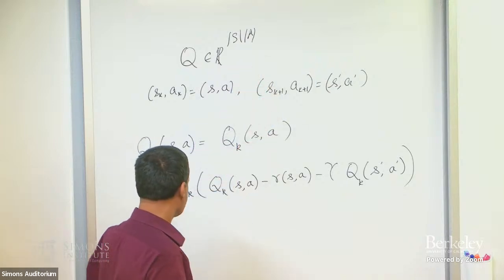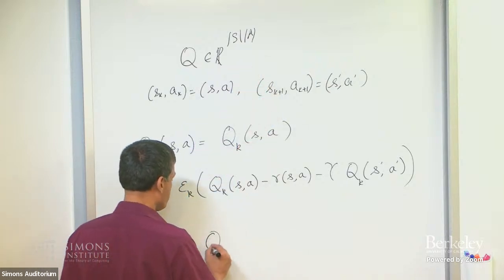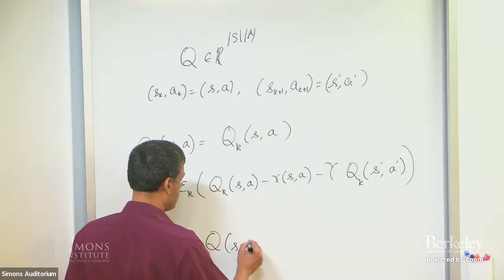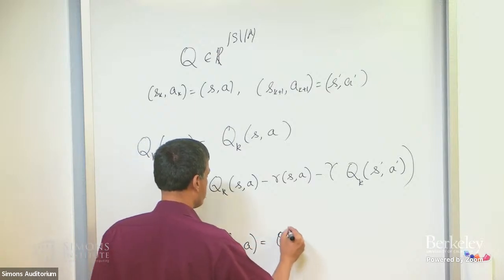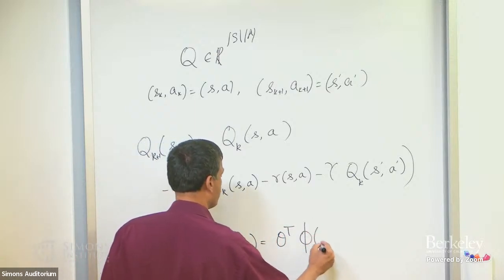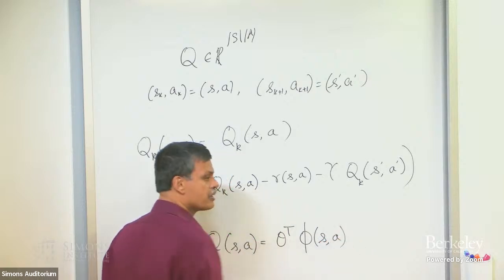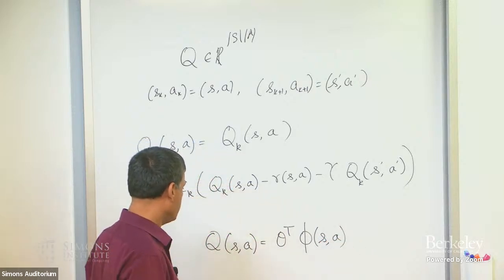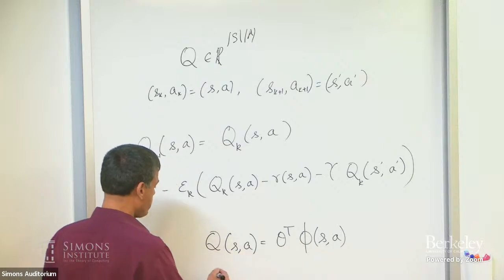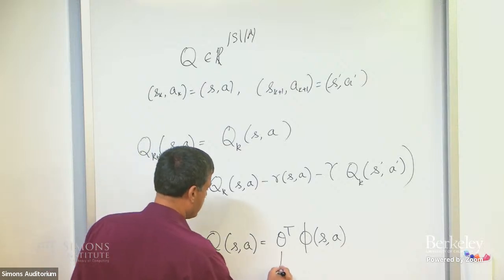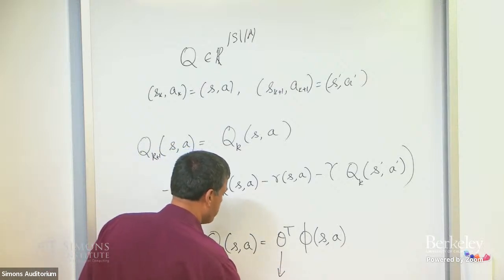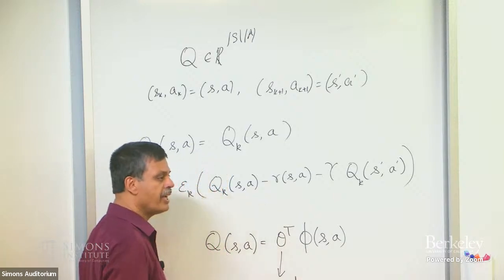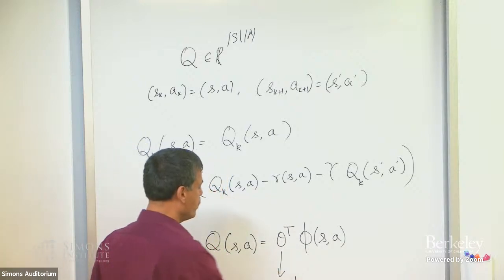So what we want to do is approximate Q using a linear function approximation. Here theta lives in some dimension R^D, and this is what you want to learn, and this is a known feature vector.